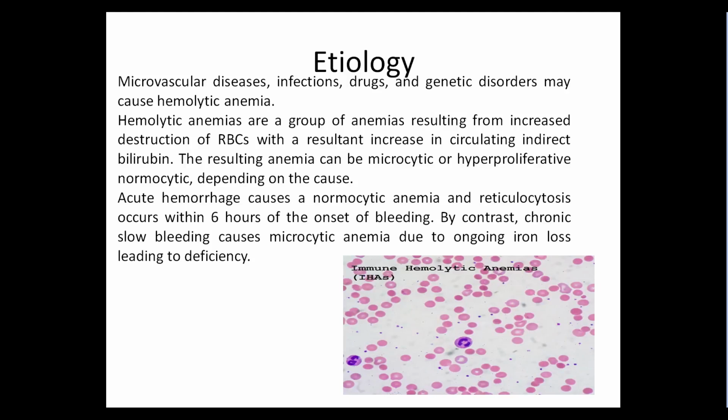The resulting anemia can be microcytic or hyperproliferative normocytic, depending on the cause. Acute hemorrhage causes a normocytic anemia, and reticulocytosis occurs within 6 hours of the onset of bleeding. By contrast, chronic slow bleeding causes microcytic anemia due to ongoing iron loss leading to deficiency.